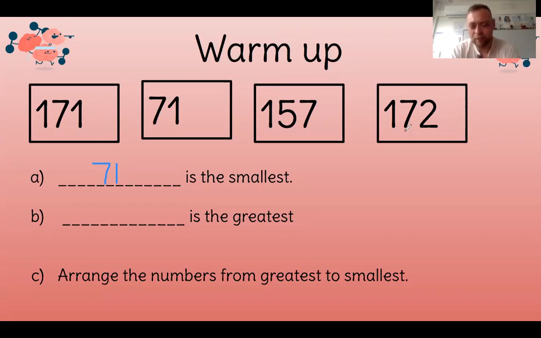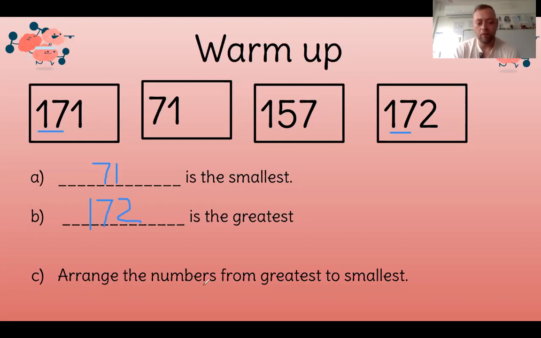This one has 7 tens. So now where do I need to look? Because look, 7 tens, 7 tens. So how do I know which one's the greatest? Yeah, you're right. 172 is the greatest because it has more ones.